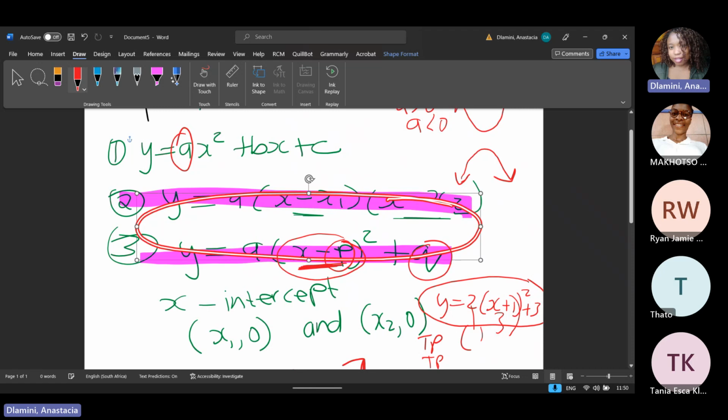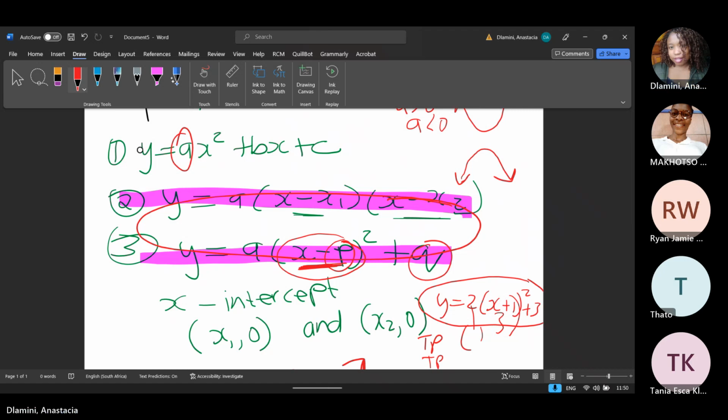And the third one, sometimes called the vertex form, is y equals a(x minus p) squared plus q. From the second one, you can find the x-intercept, where the graph cuts the x-axis. Your x-intercepts will be (x1, 0) and (x2, 0).